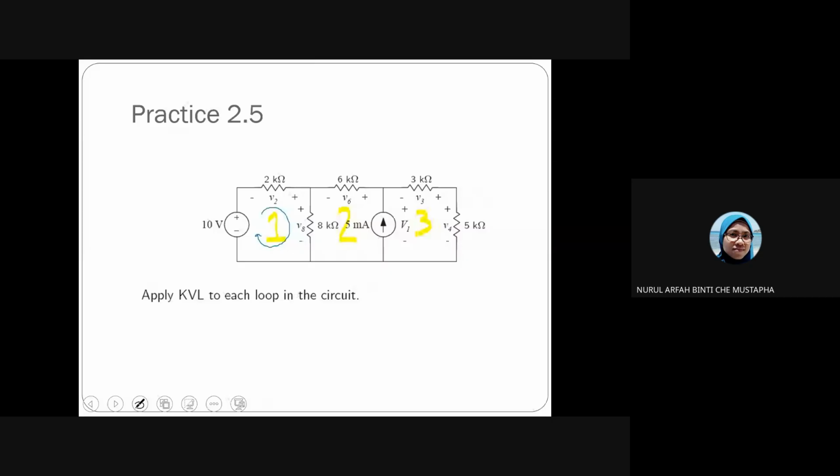Number one, maybe the loop is this way. So it is having a minus 10. So the number one, it is minus 10. And then going into a minus here, minus, and then going into a plus V8, plus V8. And in this one loop, you equal it. That's okay.